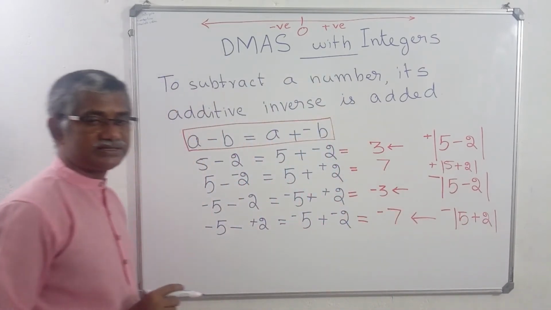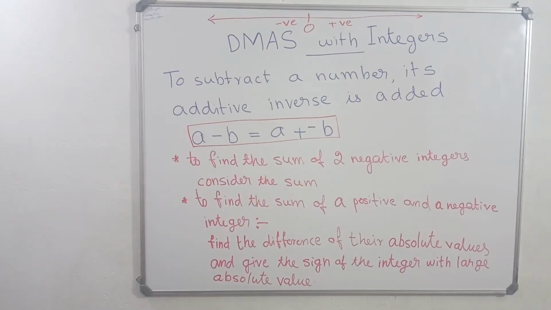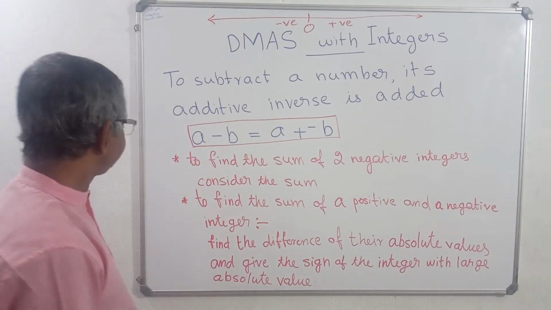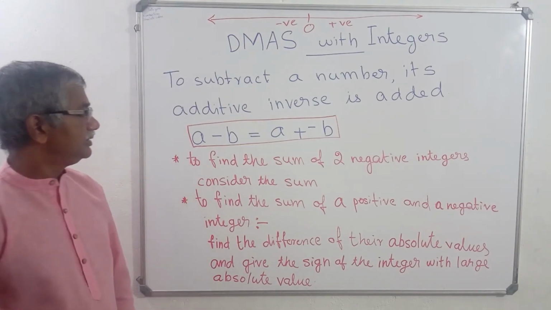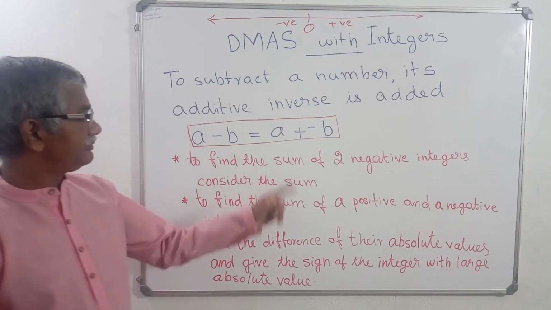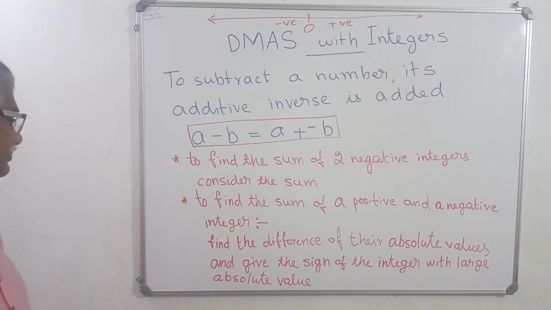I think you can simply grasp it. Simply, we need to remember 2 basic points. To find the sum of 2 negative integers, consider the sum.